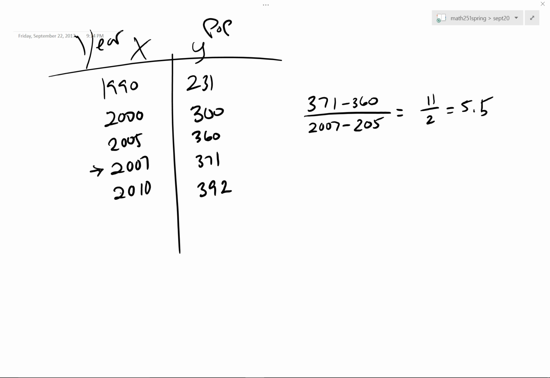Then you could also take this region here, and then you could average those. That's 12.5 divided by 2, which is 6.25 or something. And you could use that for an approximate instantaneous rate of change. Okay, not terribly difficult there.